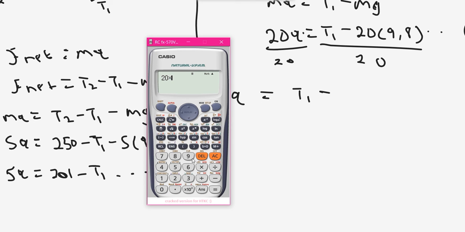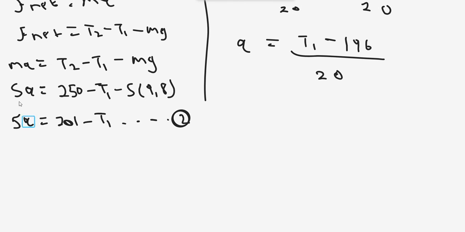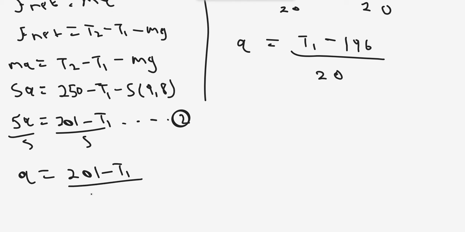20 times 9.8 will be equal to 196, all over 20. And then go to this equation again. We substitute the formula, and we're going to divide by 5 on both sides, and we are left with a equals 201 minus T1 all over 5.